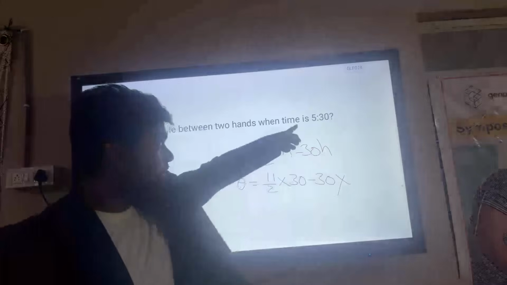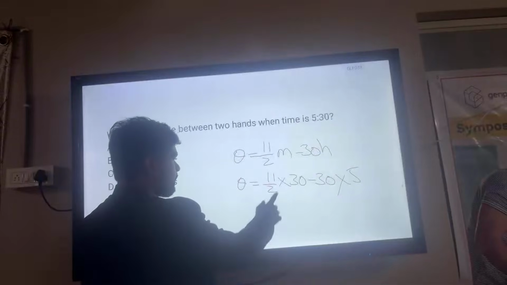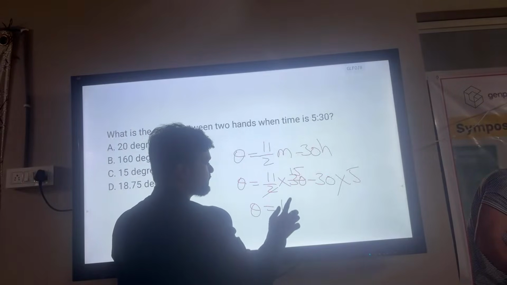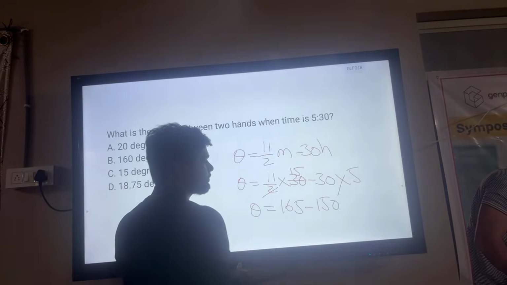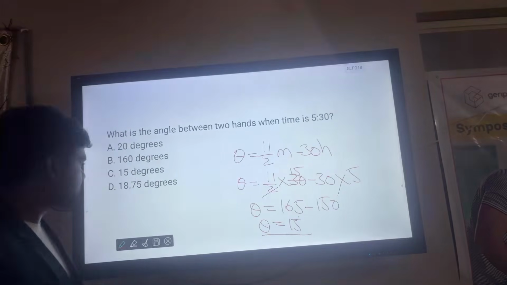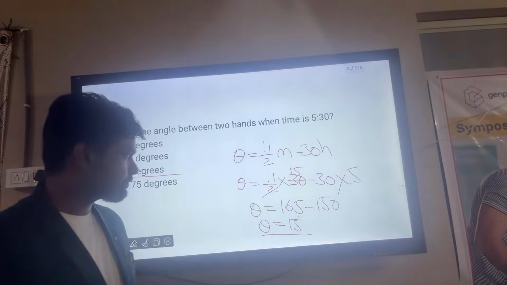How many hours are there? 5 hours, so you substitute 5. 11 into 15 is nothing but 165. 30 into 5 is nothing but 150. So what is the theta value? 15 degrees.